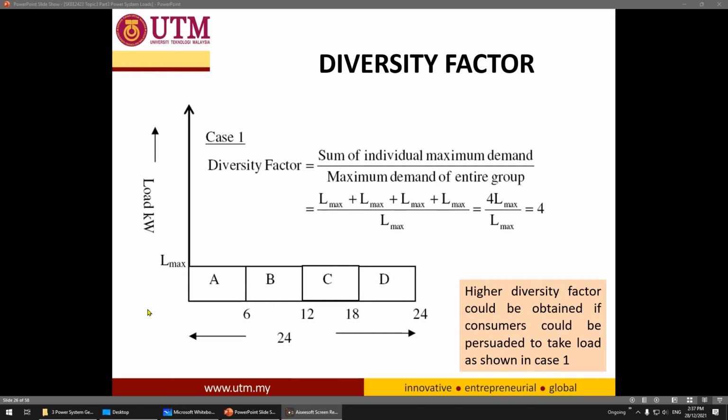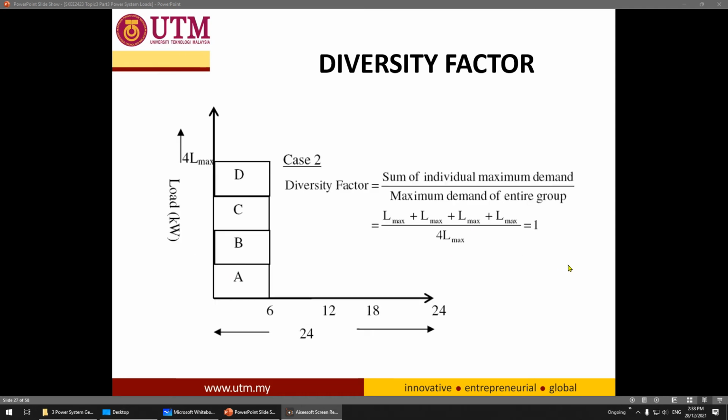So this is the sum of the load demands, all Lmax, you have 4 Lmax, divided by the Lmax of the entire group, so you get 4. Basically this is just a balance. The load is turned on all the time.